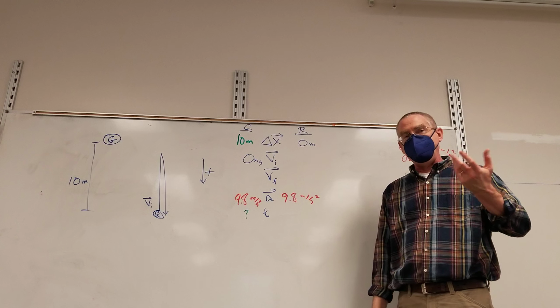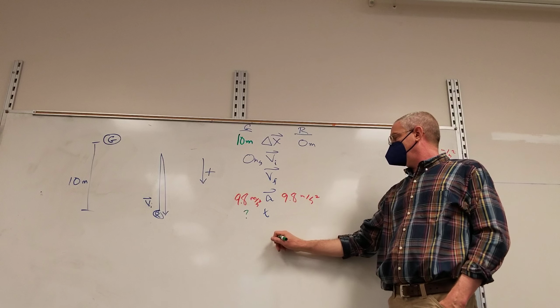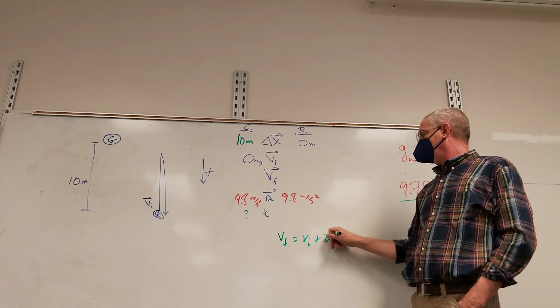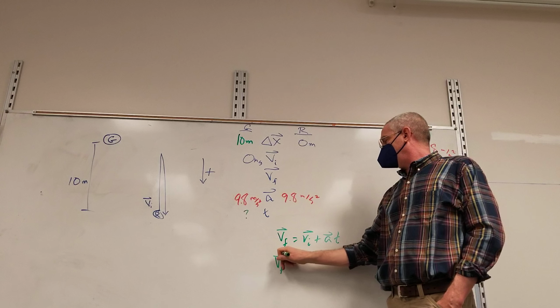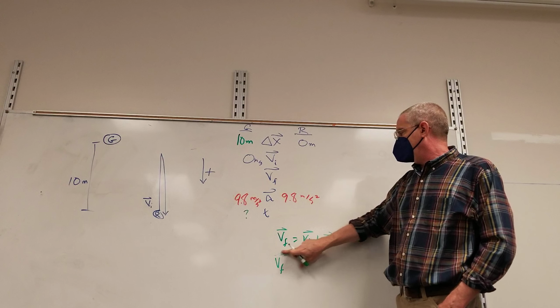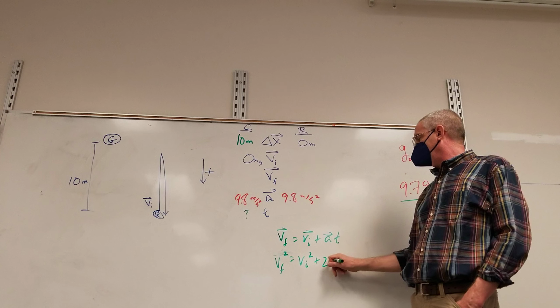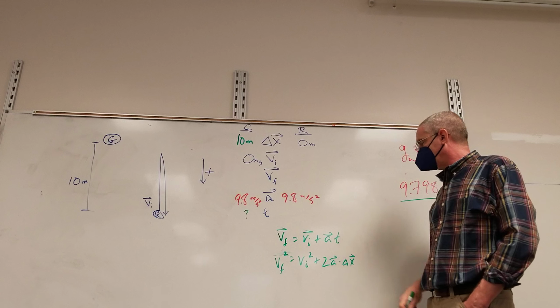So now we bring out the CAKE formulas, because the acceleration we're assuming is constant. And we have vf equals vi plus at. vf squared equals vi squared plus 2a delta x, whatever letter we happen to be using today. I'm using x today.